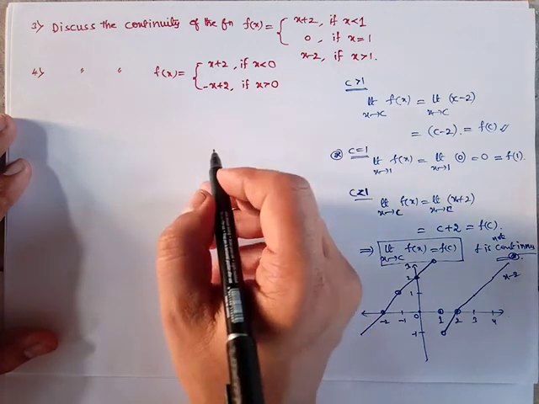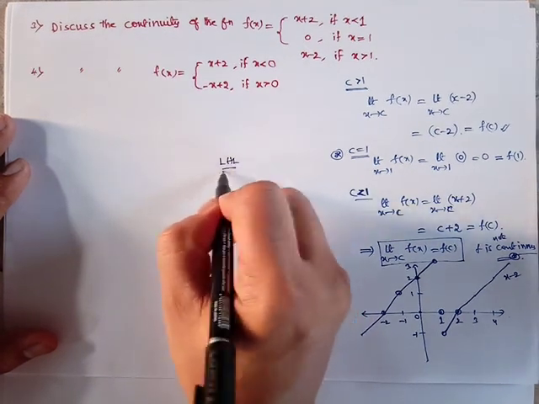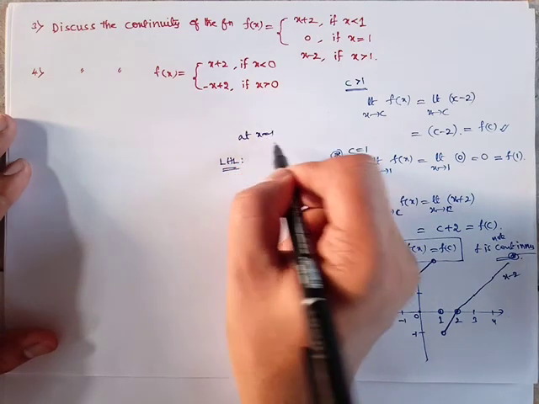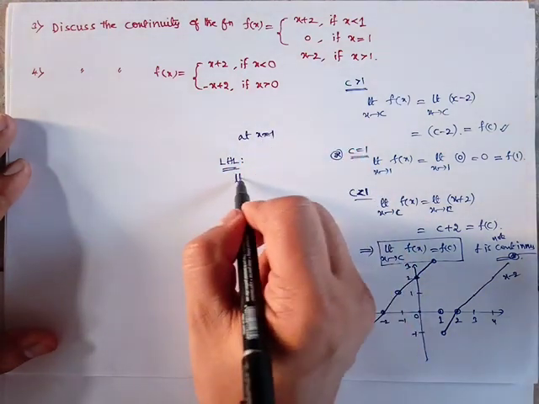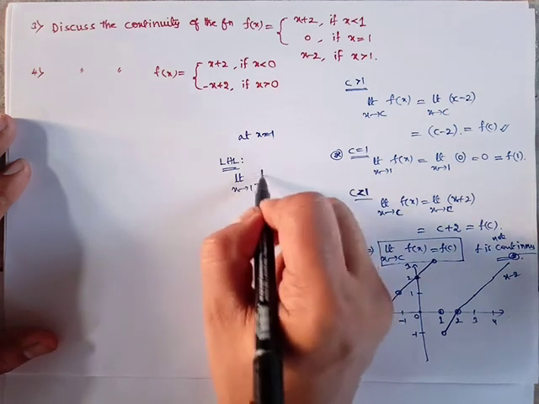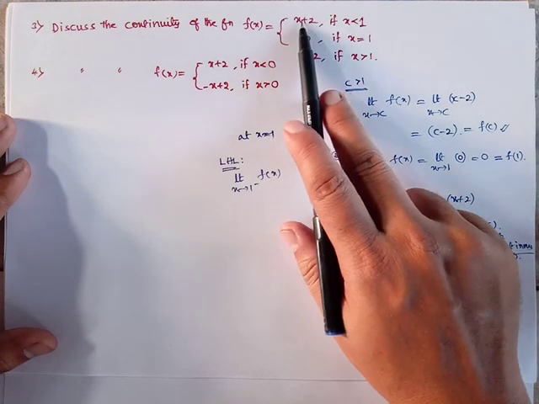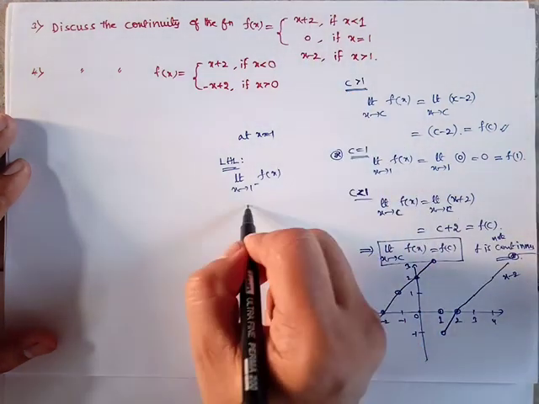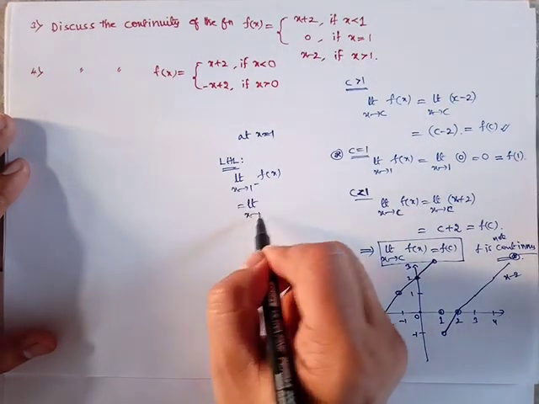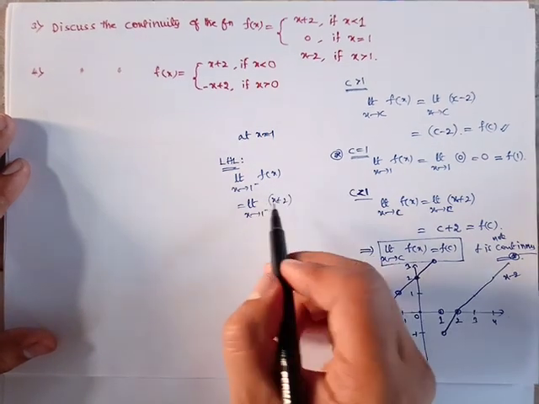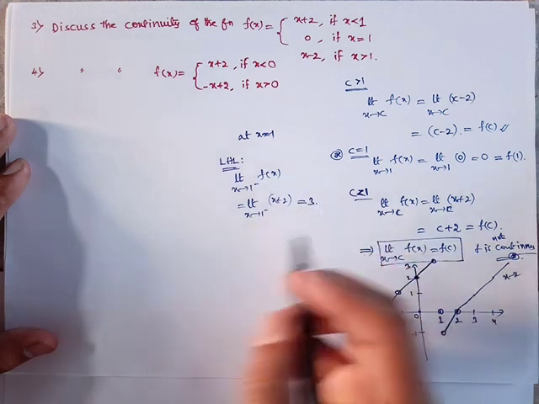So take LHL, the left hand limit, at x is equal to 1. The limit as x tends to 1 minus of f of x: for 1 minus, it is x plus 2, so substitute 1 directly, 1 plus 2 is equal to 3.